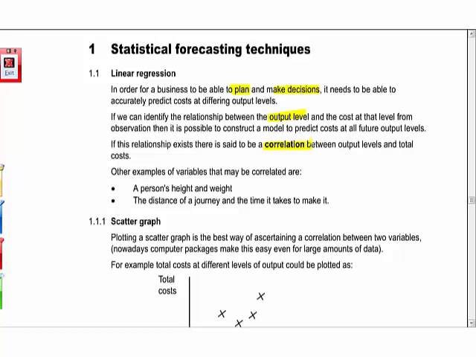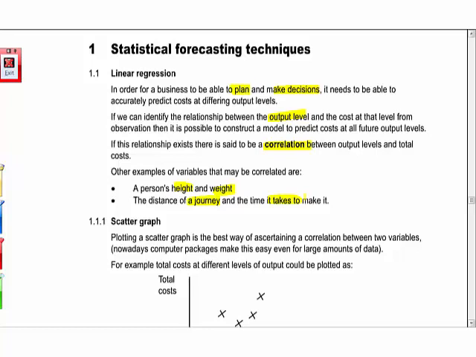It's not just costs and the number of units that are produced. There may be correlation between other variables. So the taller you are, the heavier you are, and the further you're going, the longer the distance, the longer the time it takes to make that journey.